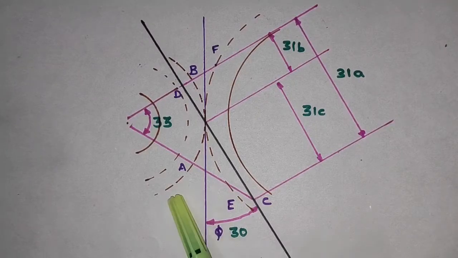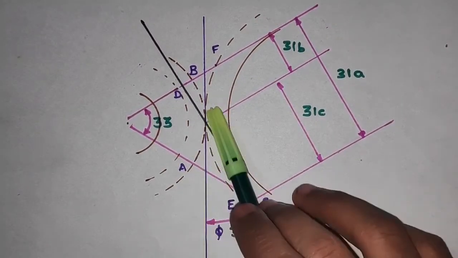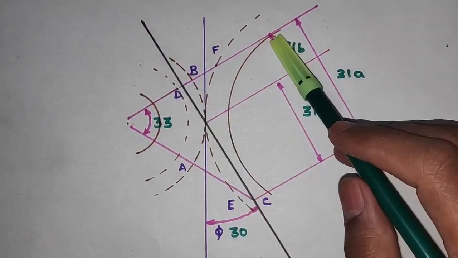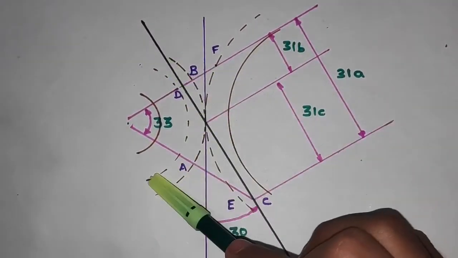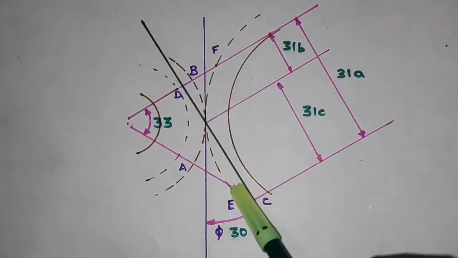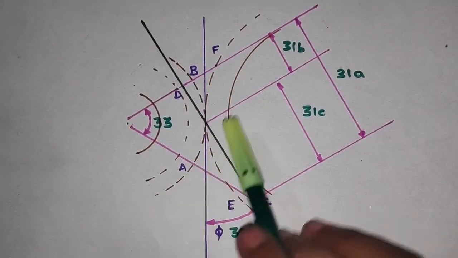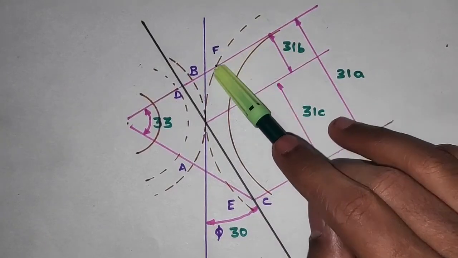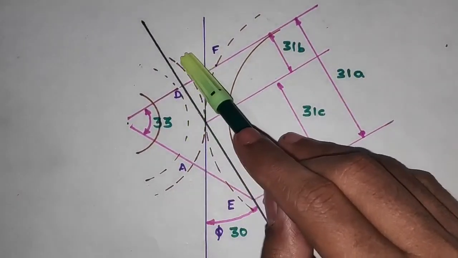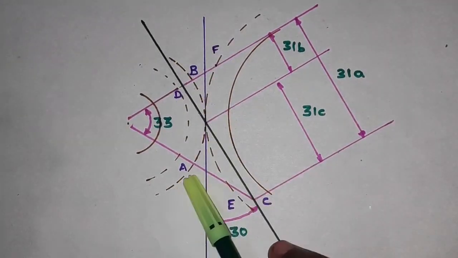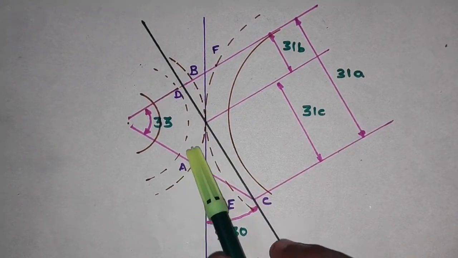Here the figure shows two gears in meshed position. We have this larger gear and a pinion, which are drawn in brown lines. This dashed curve is the pitch circle of the gear, and the second dashed curve is the pitch circle of the pinion.